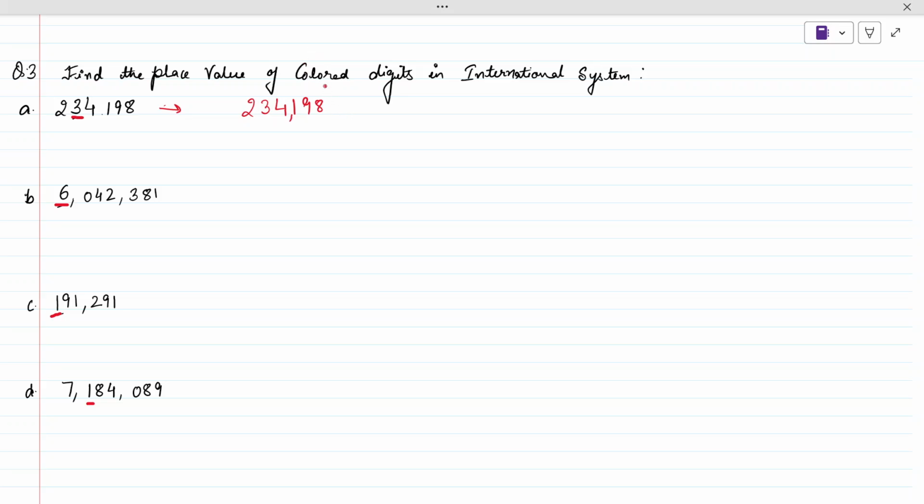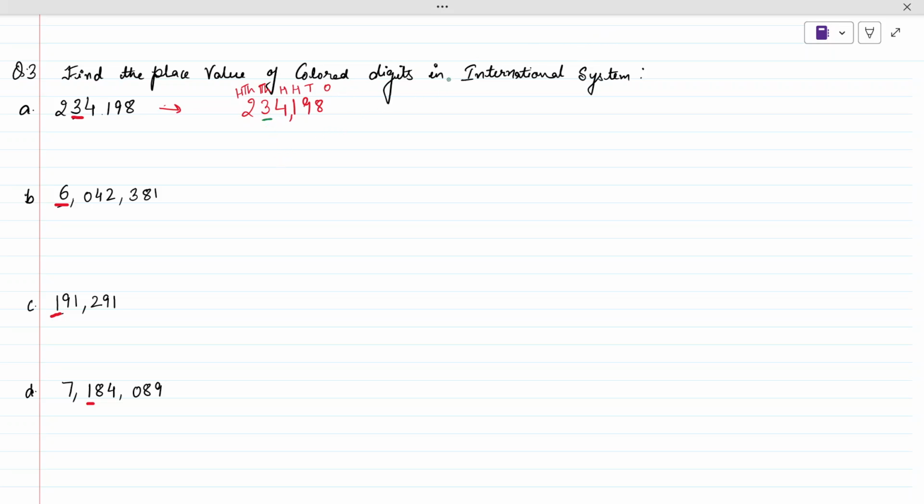At the ones place we have 8, tens place 9, hundreds place 1, thousands place 4, ten thousands place 3, and hundred thousands place 2. This one is the colored digit which we have to identify.